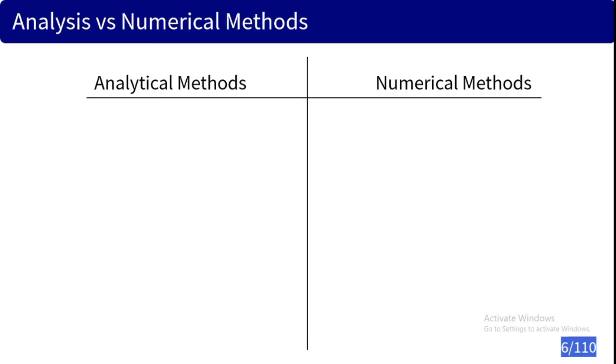To understand the difference between analysis and numerical methods, we will do a side-by-side comparison of these two methods. The analytical methods are the ones you have encountered in the previous years here in engineering. It involves using analytical mathematics to solve engineering problems.